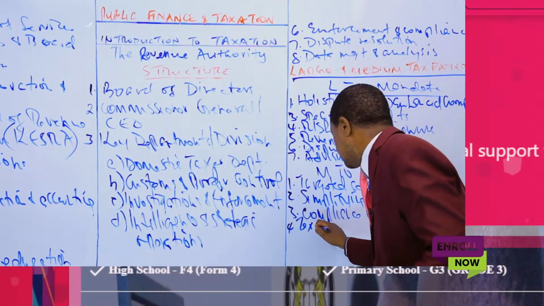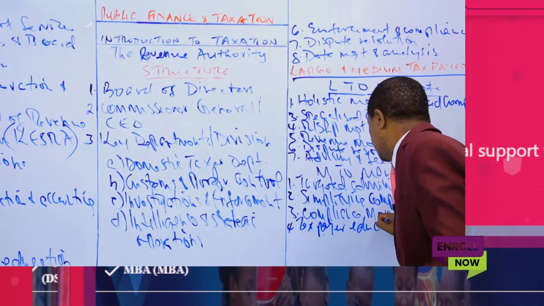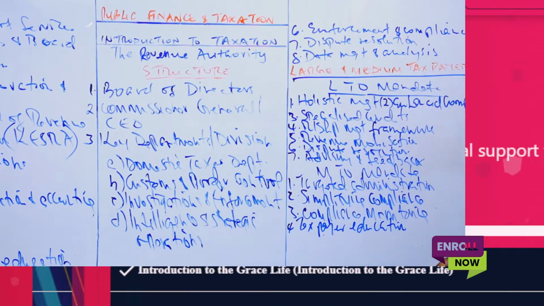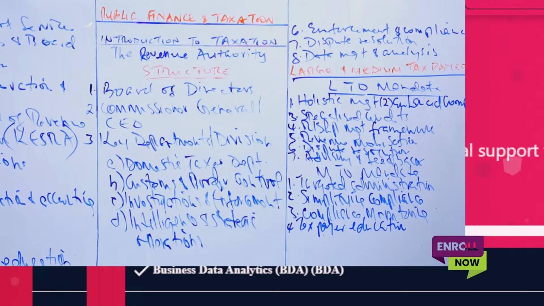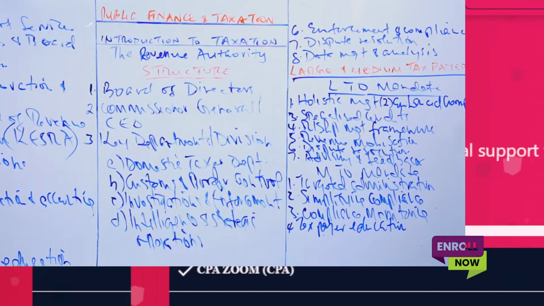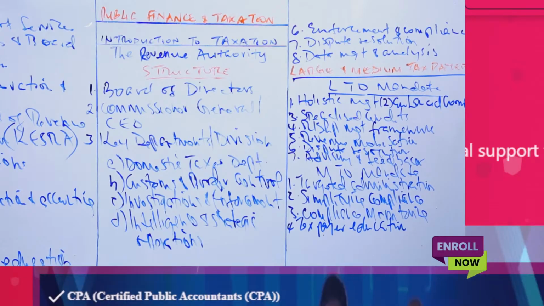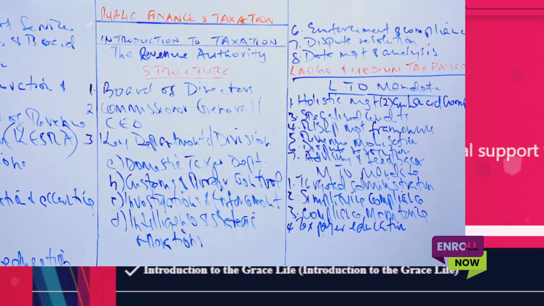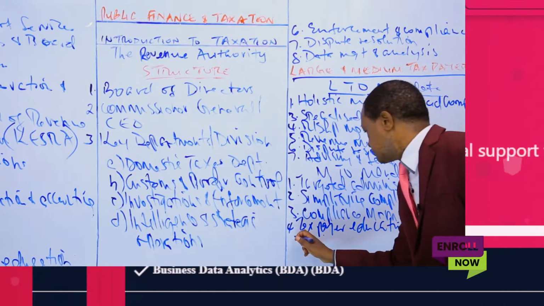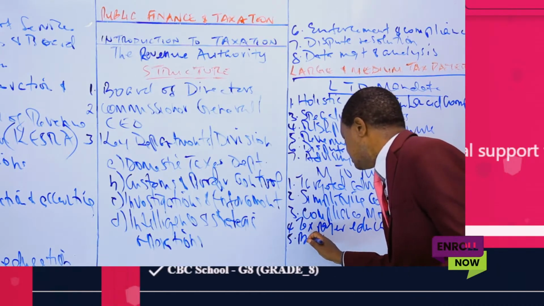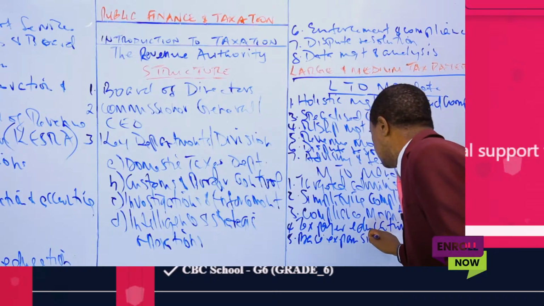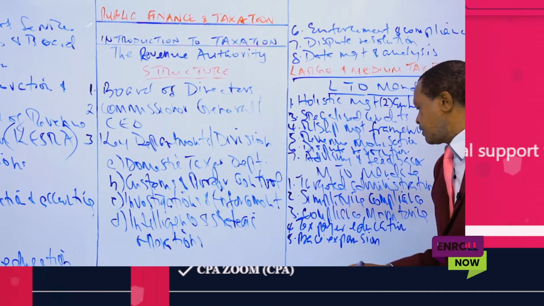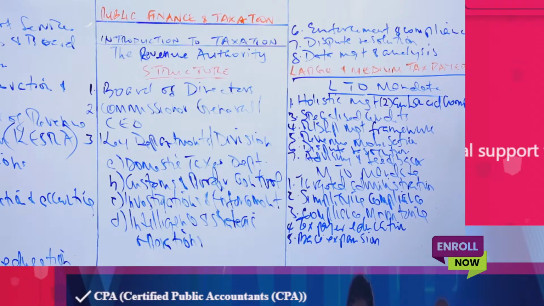4, taxpayer education and support. This office offers targeted education resources to help medium taxpayers understand their obligations and to utilize e-services like iTax and maintain proper records. 5 is base expansion.